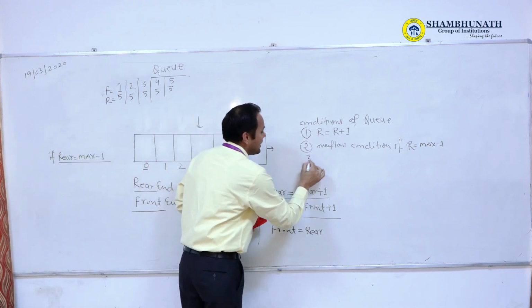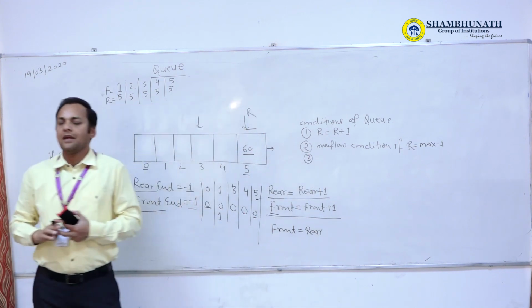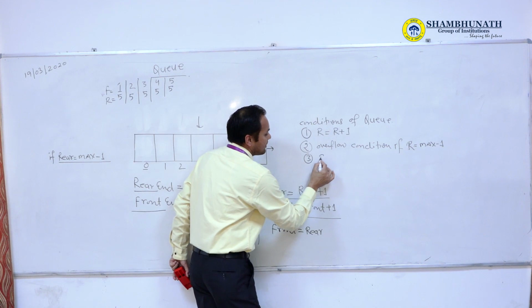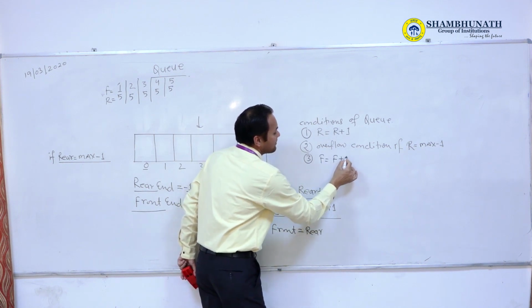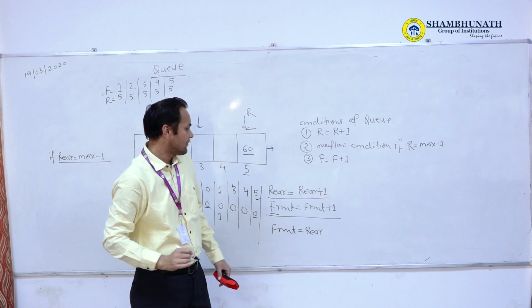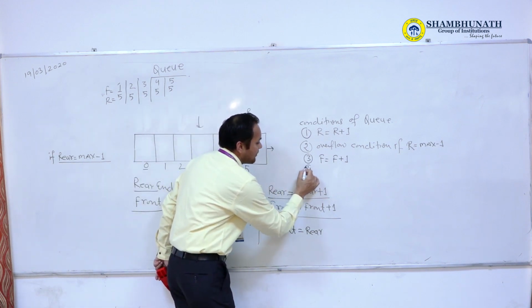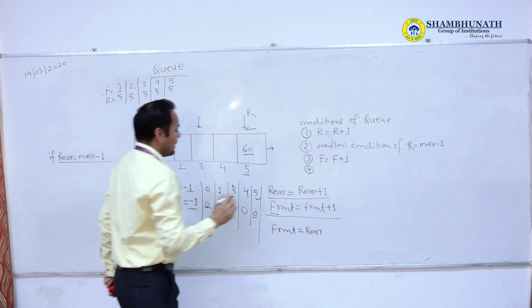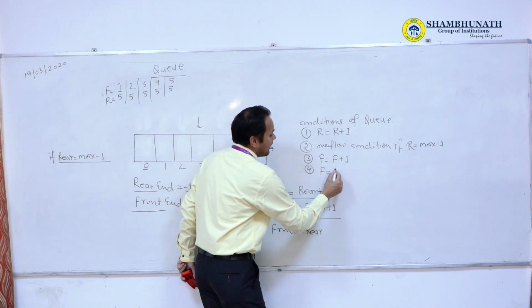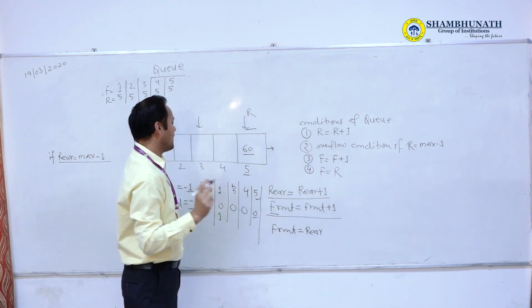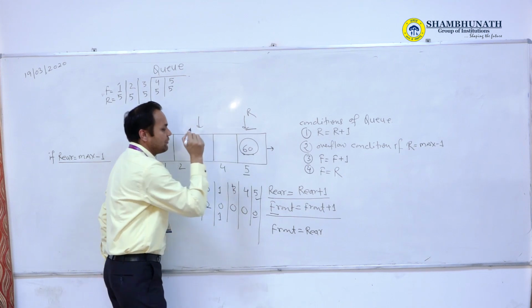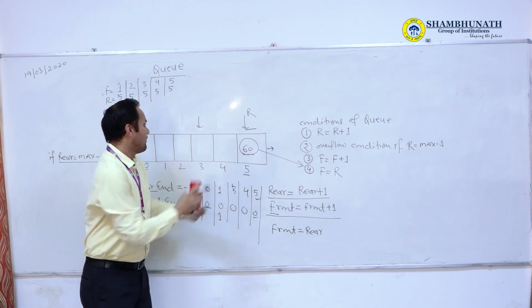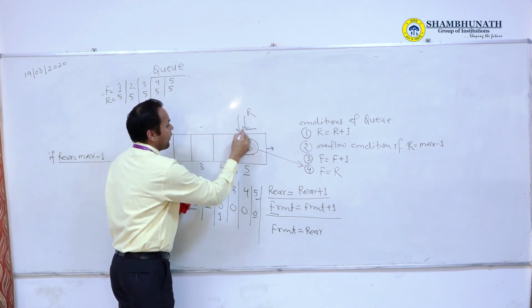Condition number 3: if we are deleting an element from the queue, front will increase by +1, right? And condition number 4: if only one element is in a queue, the position of front and rear will be equal. One element, front and rear are equal.